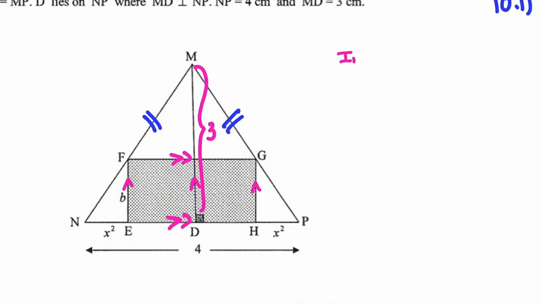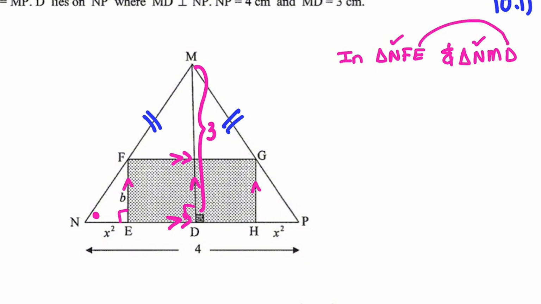If I look at our two triangles, which is triangle NFE and triangle NMD, I can see that N is our common angle, so that's common. Angle E would be equal to angle D, so that is 90 degrees. So I can group E with D. And angle F would be equal to angle M, our third angle. So therefore we can say that triangle NFE is similar to triangle NMD.